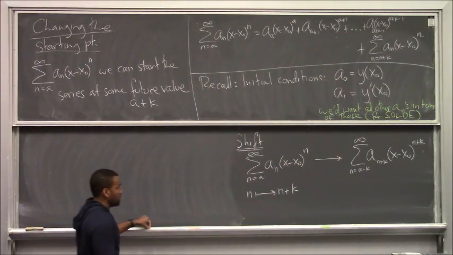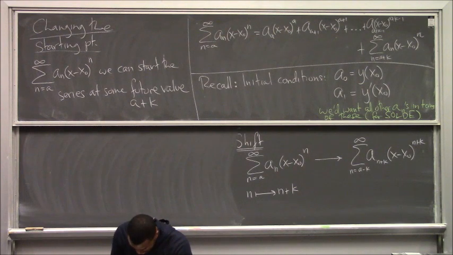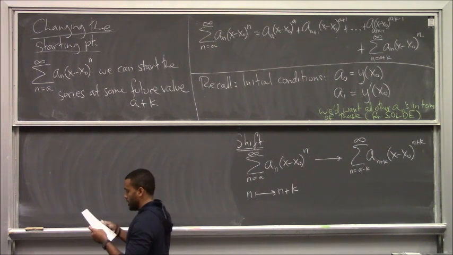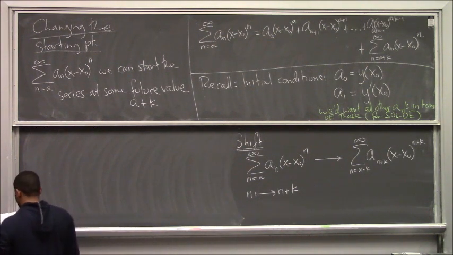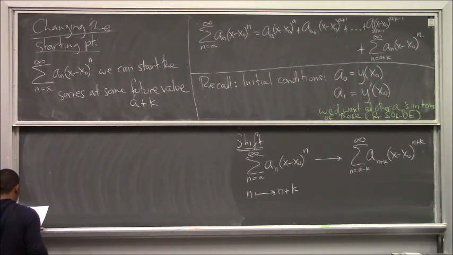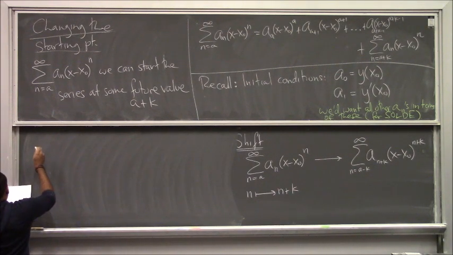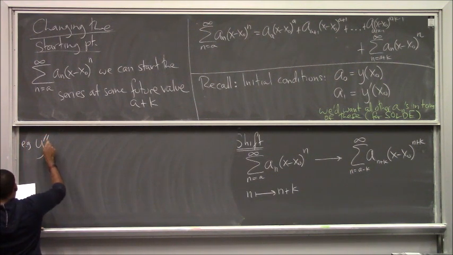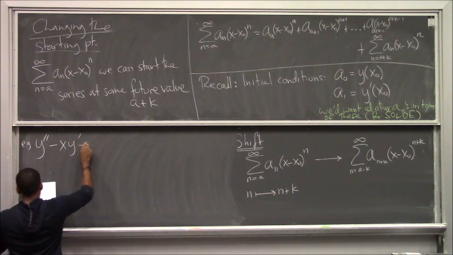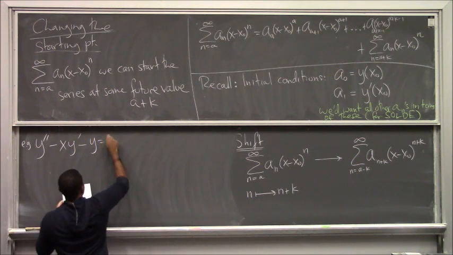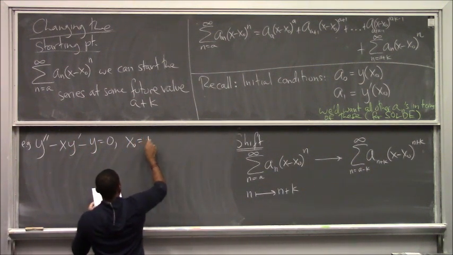So let's jump right into another example. Hopefully that little refresher did you some good. So suppose y double prime minus xy prime minus y equals 0, set x naught equals 1.